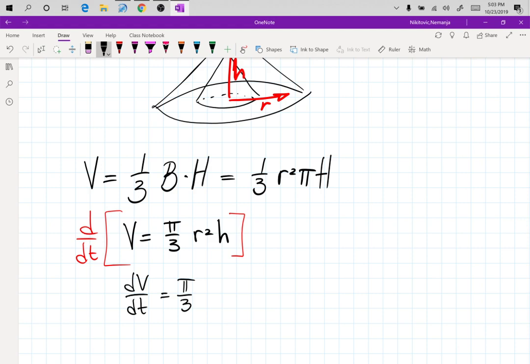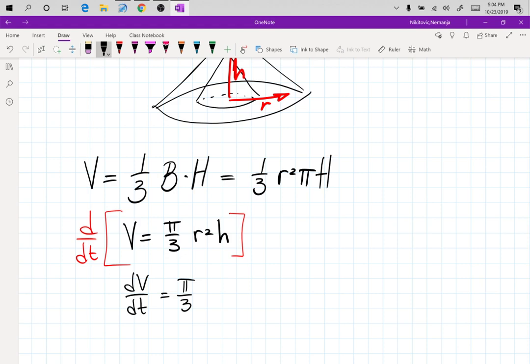Hold on. Radius is changing, height is changing. What does that mean? You're thinking the right stuff, but you're saying the wrong thing. So we have two variables. What does that mean?